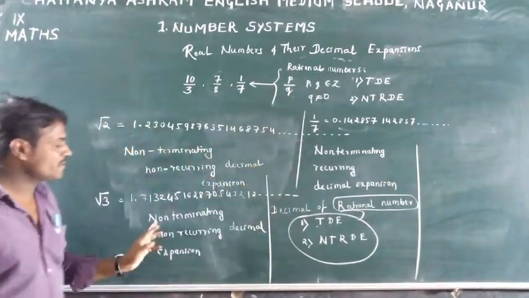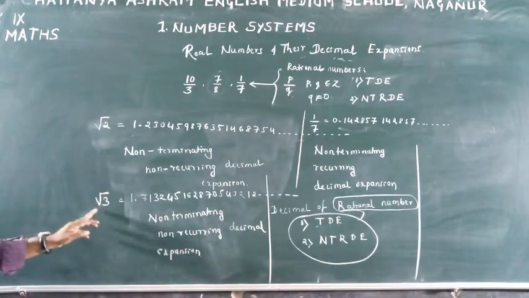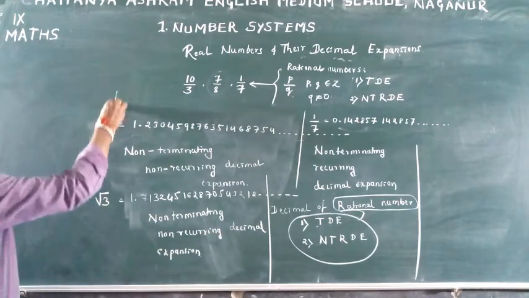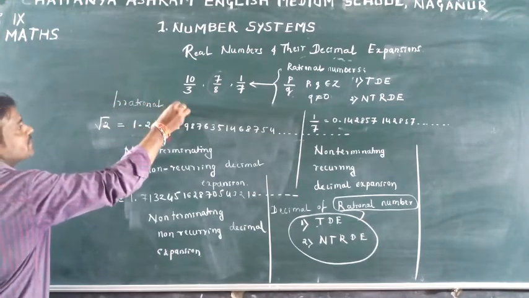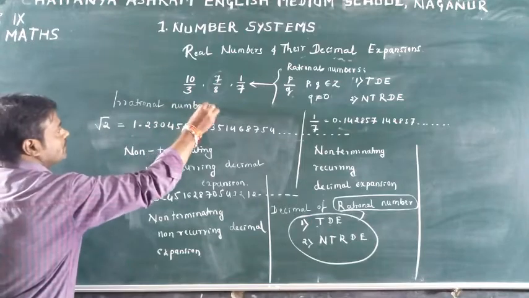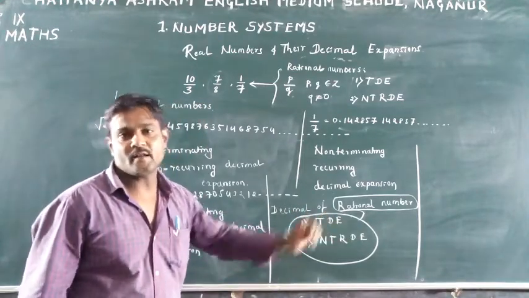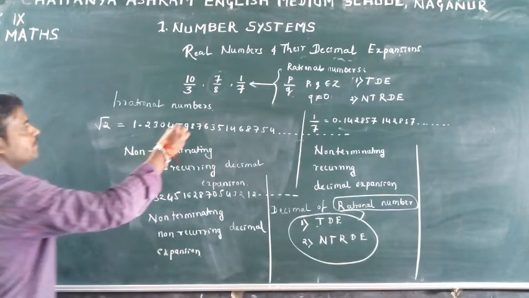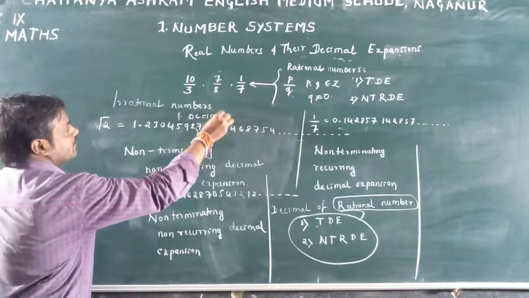If a decimal expansion is non-terminating, non-recurring, that is of an irrational number. So this is about the decimal expansion of rational and irrational numbers.